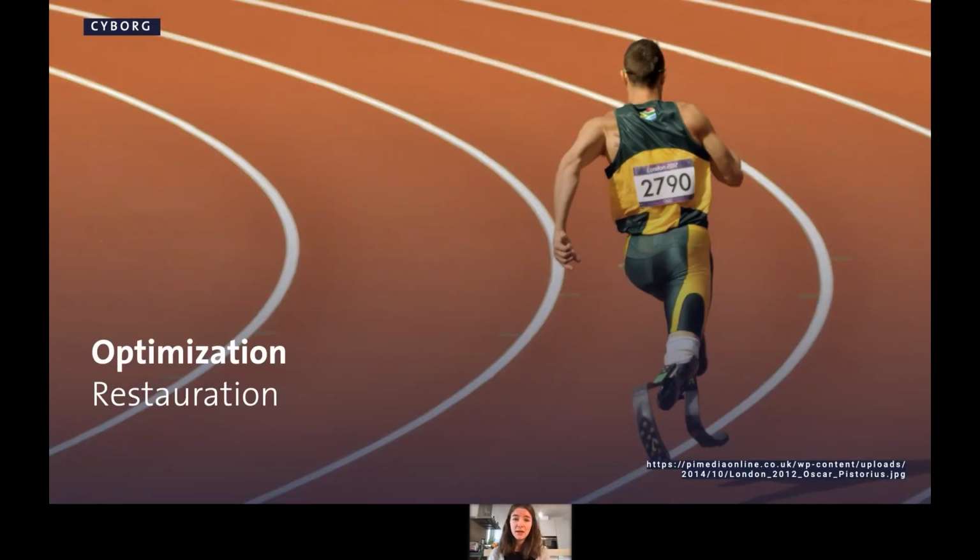The next level is the optimization. So here you see the sportsman Oscar Pistorius, and he also was born without legs. And that's why he's also known as the fastest man with no legs, because he has these carbon prosthetics.